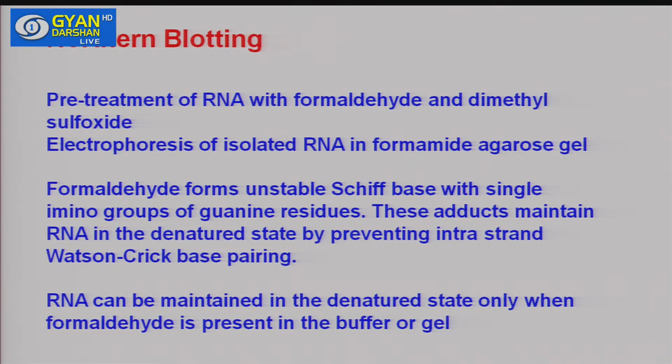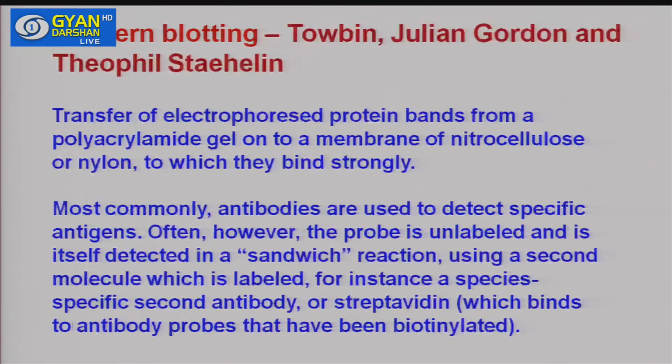These adducts maintain RNA in the denatured state by preventing intra-strand Watson-Crick base pairing. So RNA can be maintained in the denatured state only when formaldehyde is present in the buffer or the gel. So whatever processing you are doing, either with the agarose gel or in sample preparation, you need to use formamide or formaldehyde, because it will eliminate the secondary structures of the RNA and allow the RNA to be maintained in a denatured state.